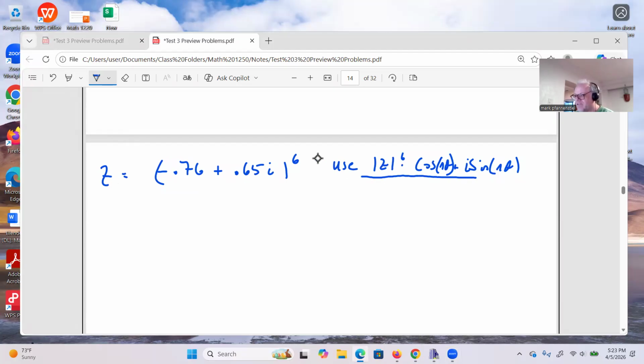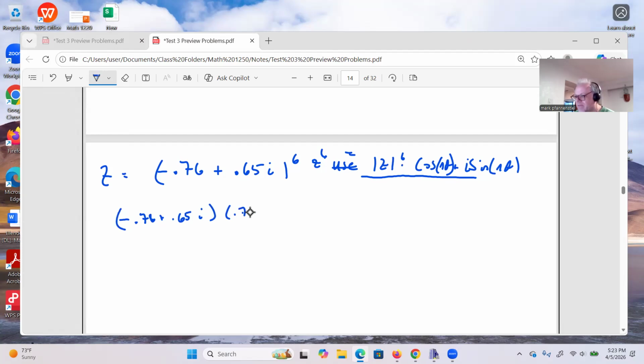Use z to the sixth equals the absolute value of z to the sixth times cosine of n theta plus i sine n theta. Okay, I do not want you to do it this way.